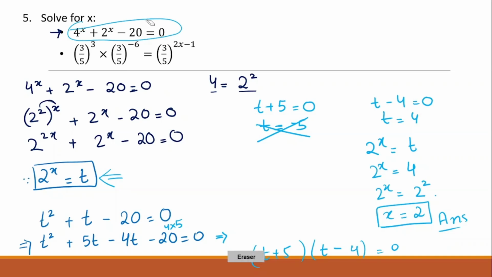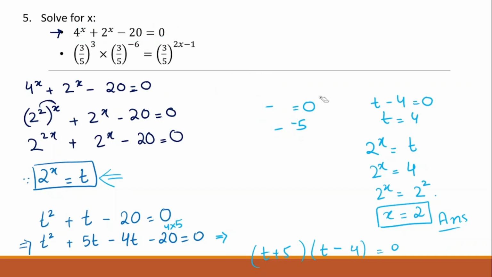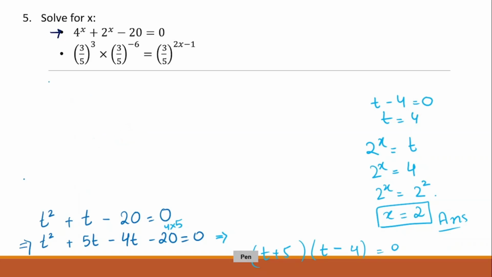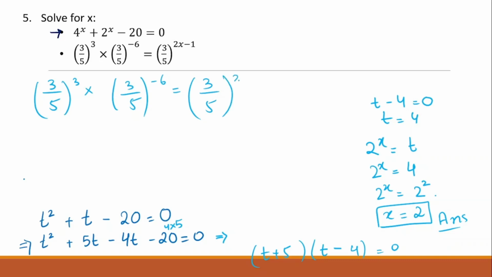Similarly, now we will do part 2. Let's just write part 2. Part 2 is 3 to the power 5, the whole cube, multiplied by 3 to the power 5, to the whole power minus 6, equals 3 to the power 5, to the whole power 2x.